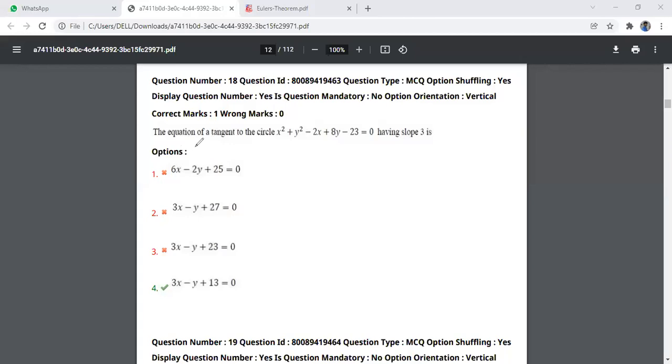They are asking for the equation of the tangent to the circle. The circle equation is given here, and they said the slope is also 3. We have one formula to find the tangent equation.